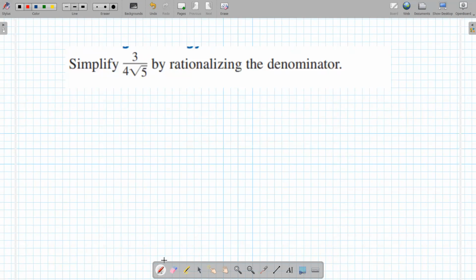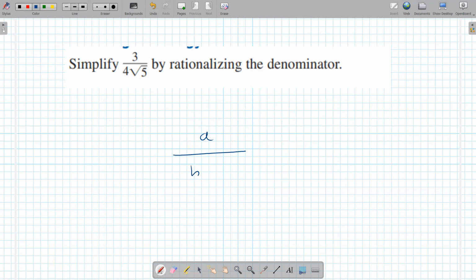So how do we do this? The idea is pretty simple. What you do is you basically multiply whatever term you're given, in this case 3 over 4 root 5, with something called its conjugate. So now what's a conjugate? If you have something in this form, again, the numerator is irrelevant. It doesn't matter. The numerator can be anything.